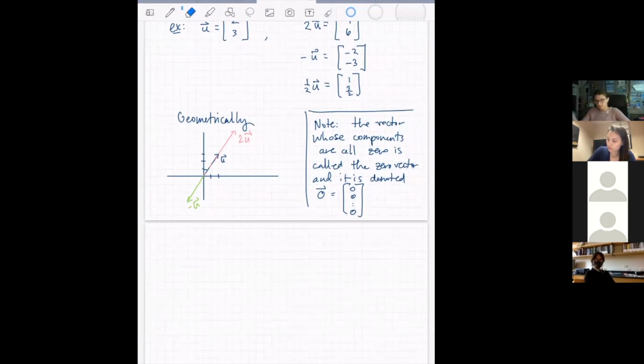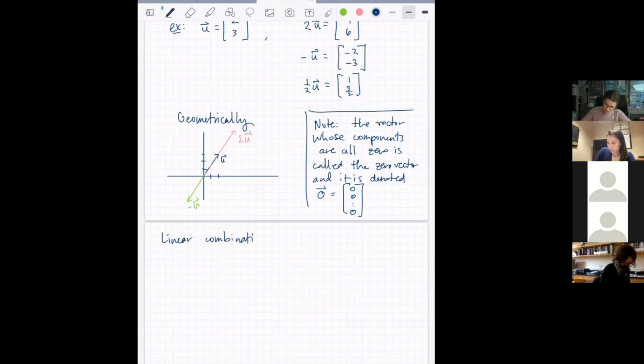Okay. So I hope everything has been clear so far. We're going to move on to linear combinations. And so this is going to be another definition. So a linear combination of vectors, right? So say we have a collection of vectors.